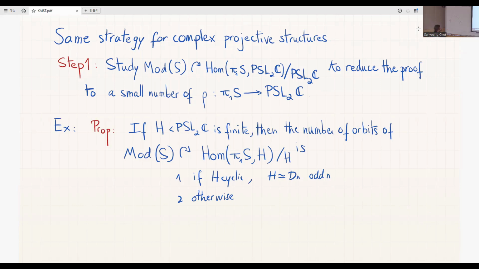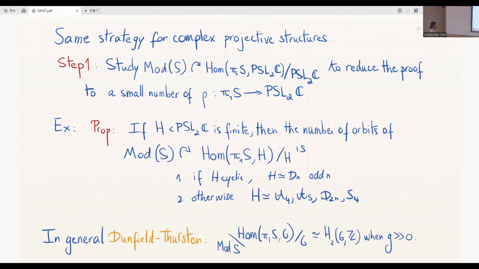If you have a finite group in PSL2(C), you can really understand the orbits of the action of the mapping class group on the representations into this group. There are actually only one or two orbits depending on your finite group. If your group is cyclic, you have only one orbit. If it's dihedral with an odd number of points, you have one orbit. In the other cases, you have two orbits.